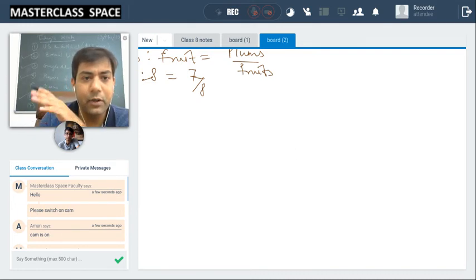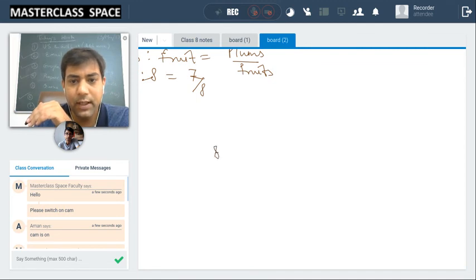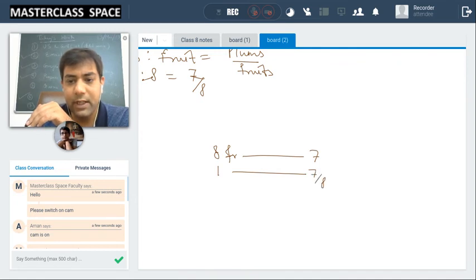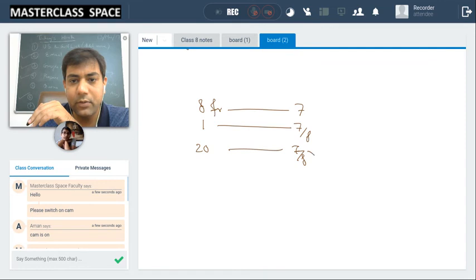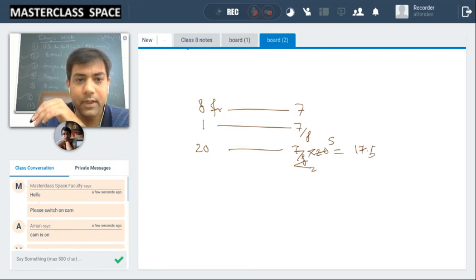If I have to do it by the unitary method, 8 fruits are made out of 7 plums, then one fruit is made of 7 by 8, then 20 are made by 7 by 8 into 20, which equals 140 over 8, which is 35 by 2, that is 17.5. Got it?